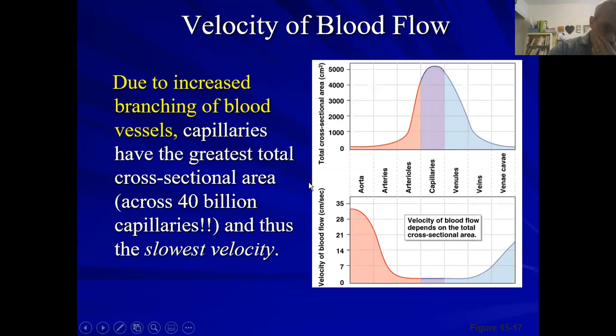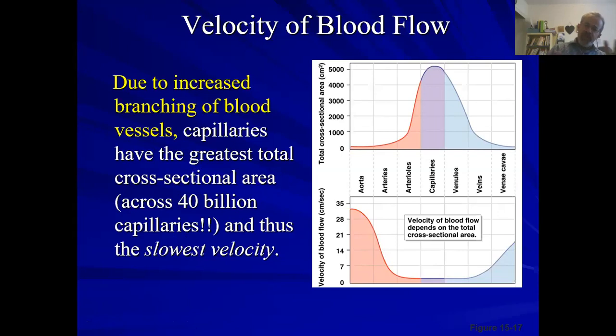So what does that have to do with anything? Well, one of the reasons why blood flow is so slow through capillaries is we've got a lot of very, very small capillaries, basically 40 billion capillaries. So apparently somebody figured that out throughout the whole body. 40 billion capillaries means that we have a very large cross-sectional area or surface area.